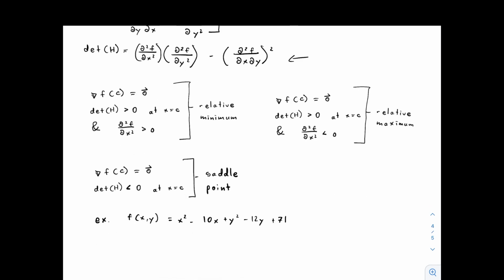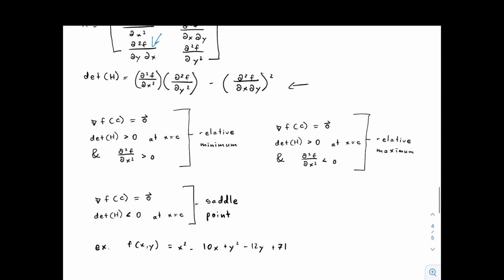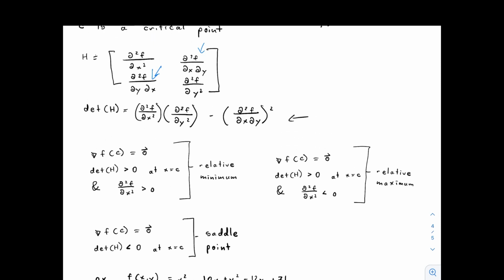We have a few additional conditions. Our first condition is to say we are at a critical point, meaning the gradient function at some point c is equal to 0. And if the determinant of H is greater than 0 at that point and our second order partial derivative, the one in the top left corner, is positive, then we have a relative minimum.